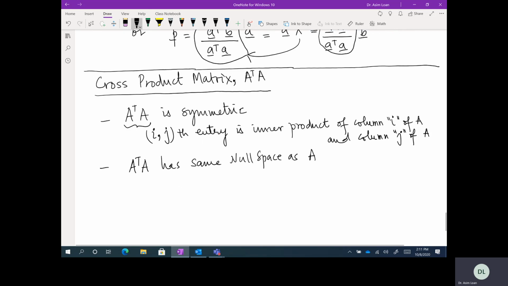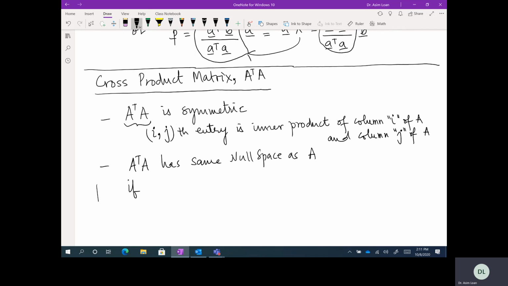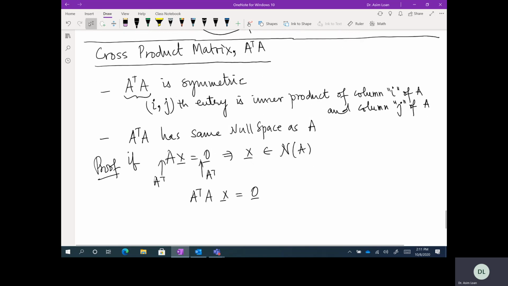And how do we prove that? So the proof is: if Ax equals 0, this implies x belongs to the null space of A. If I multiply by A transpose here, I get A transpose A x, which is still 0.